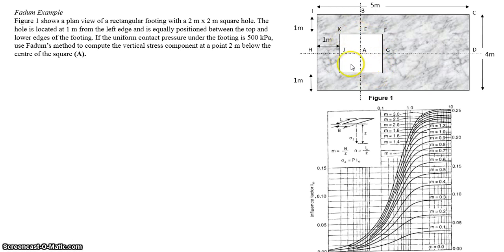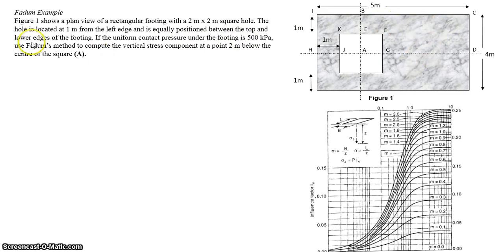So it has a hole in the rectangular footing. The hole is located 1 meter from the left edge, and it is equally positioned between the top and the lower edges of the footing. And the contact pressure under the footing is 500 kilopascal, uniformly distributed.